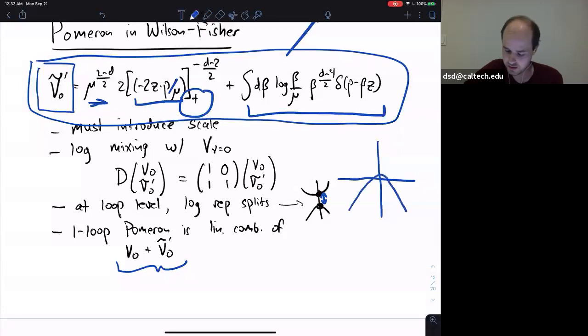The picture that one gets looks like this, and this point here is j equals 0, so it should have something to do with the scalars in the theory, and indeed this location here is the dimension of the shadow of the epsilon operator. I guess I should call it the phi squared operator.